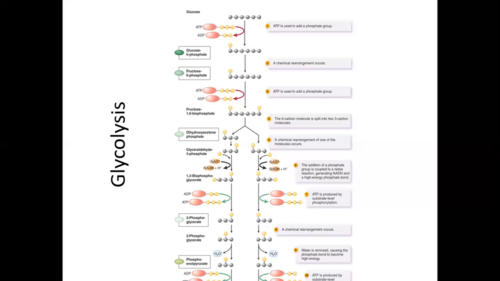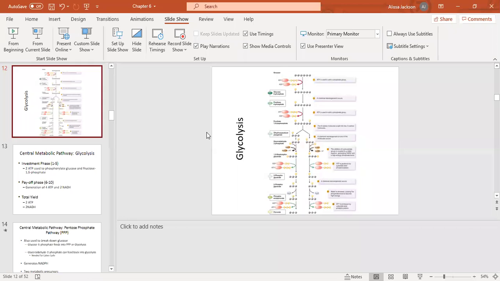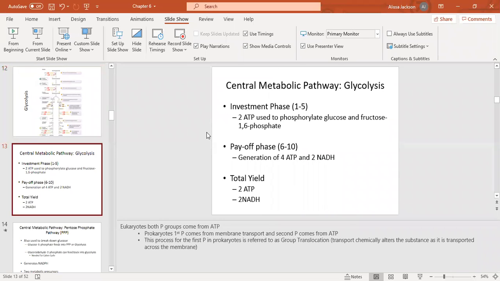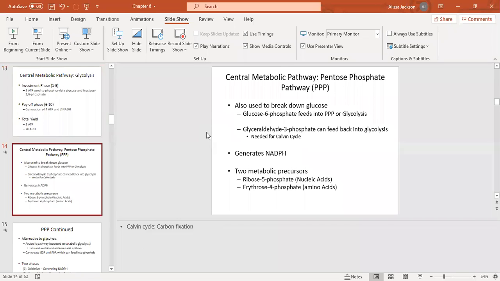Yes, I would say knowing glucose 6-phosphate, it's just a phosphorylated glucose and it's converted into fructose 6-phosphate. And then knowing the total ATP yields from each of them. Yeah, and here's the 2 precursors for the PPP, ribose 5-phosphate for nucleic acids and erythrose 4-phosphate for amino acids. I don't know if you would get that specific.